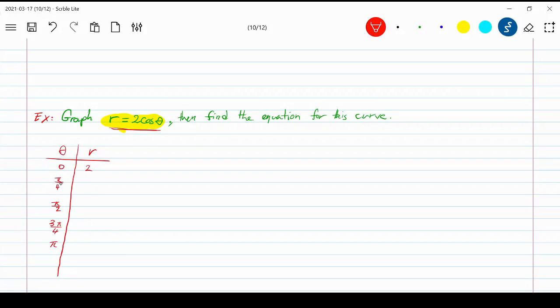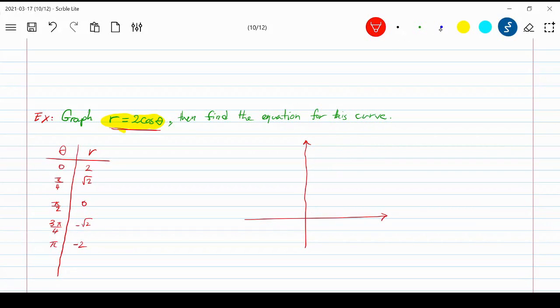If you pick pi over 4, cosine of pi over 4 is root 2 over 2, and 2 times root 2 over 2 is simply root 2. If you pick pi over 2, cosine is 0, so you get 0. Here you would get negative root 2, and we get negative 2. You can continue doing this, but let me just draw part of this graph. You can complete it in a second.